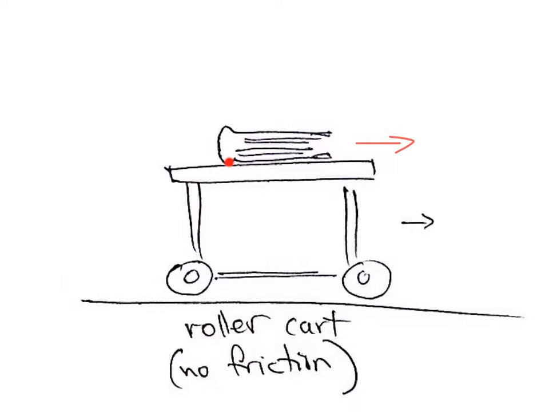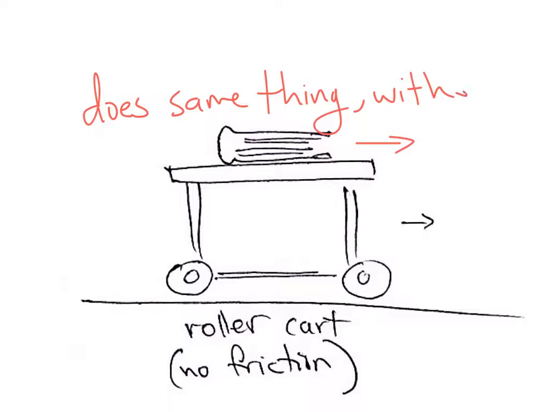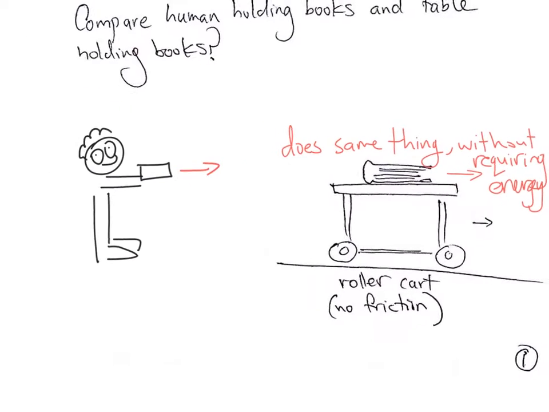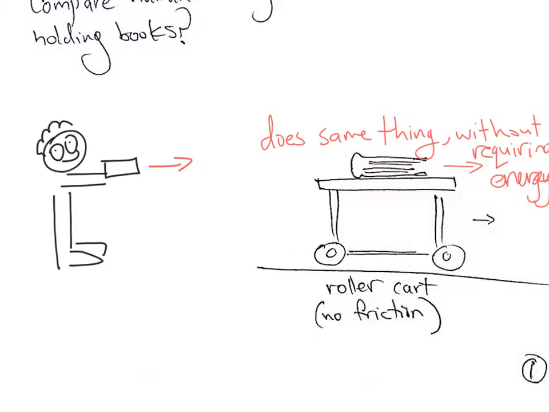Objects in motion tend to stay in uniform straight line motion, and so we could say it does the same thing without requiring any energy, without requiring some form of input. And I think you know what I mean by energy, and we'll talk about the definition, but the cart's going to do the same thing. So this poor human that's walking across the football field carrying the book straight out is actually doing no work, even though they feel like it.